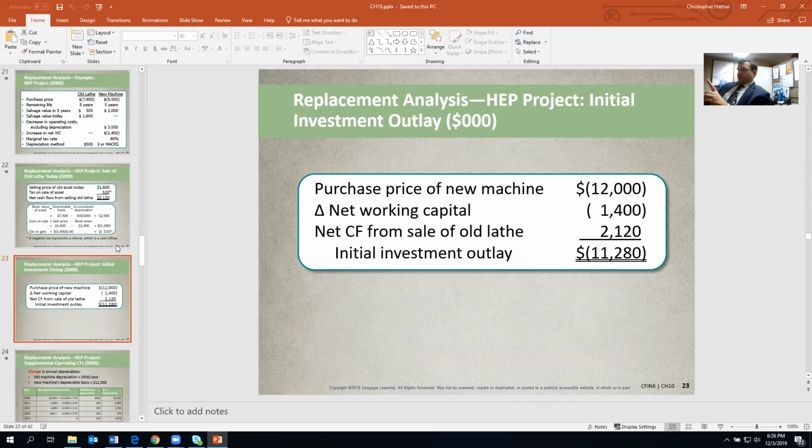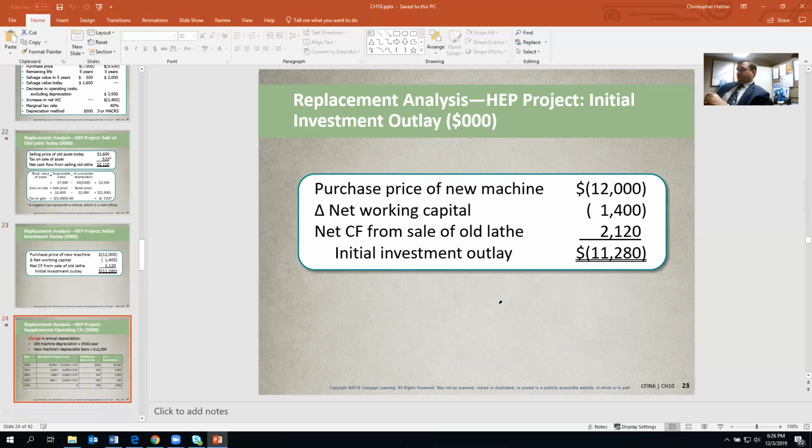And this is for the price of new machine. So the new machine net working capital, net cash flow from the sale of the old machine. So this is your initial investment outlay. That would be from replacing the old machine with the new machine.